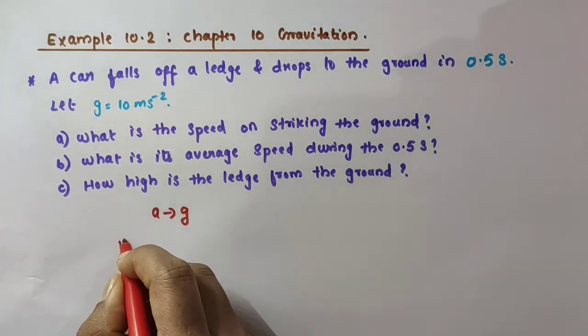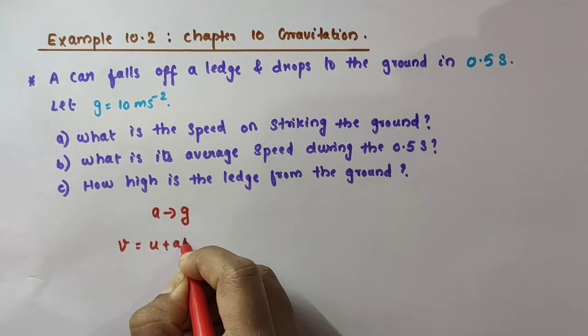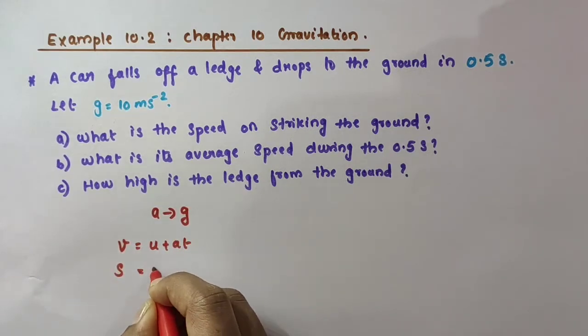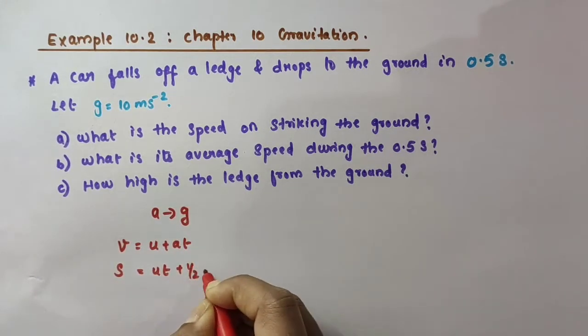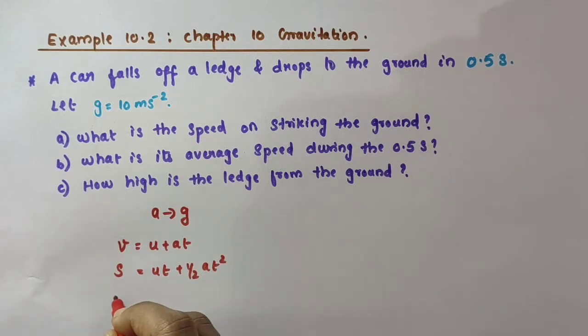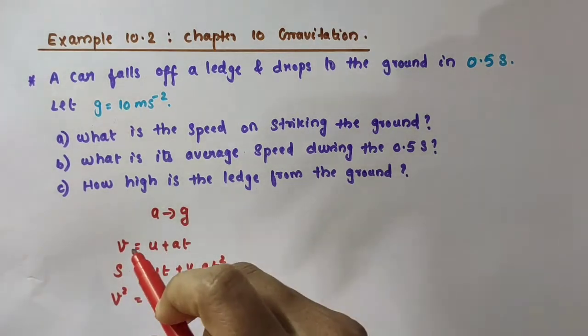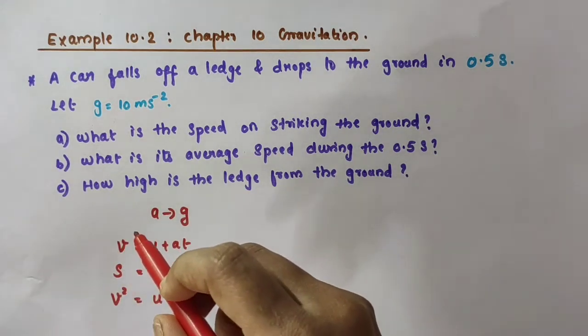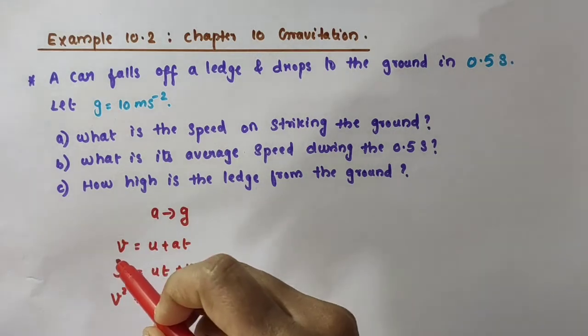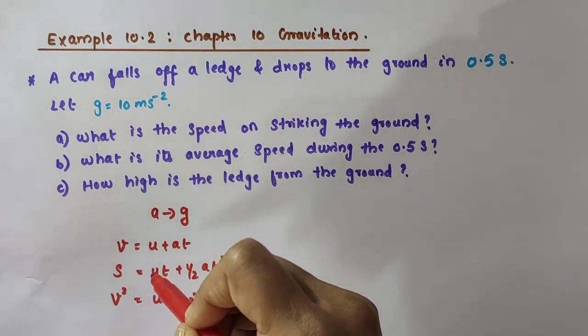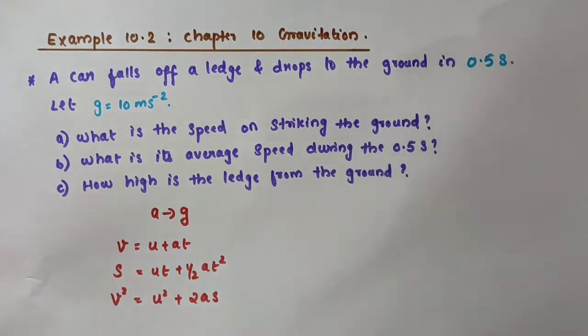One is v is equal to u plus at. The second one is s is equal to ut plus half at square. And the third one is v square is equal to u square plus 2as. Where u is the initial velocity, v is the final velocity, s is the distance covered, t is the time, and a is the acceleration.